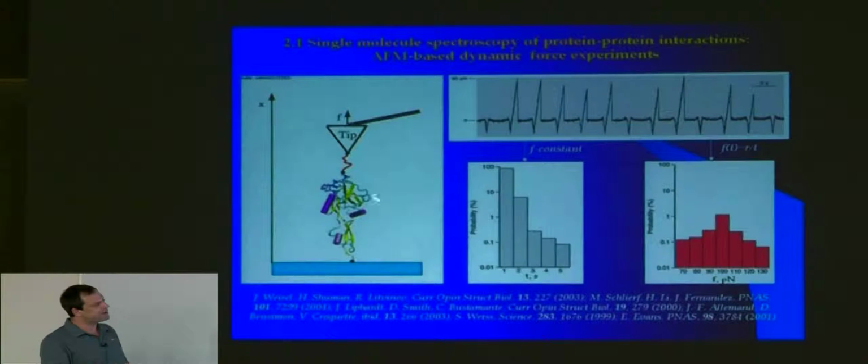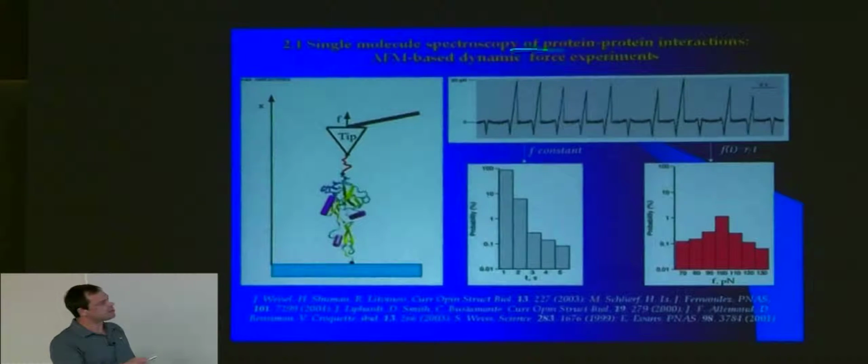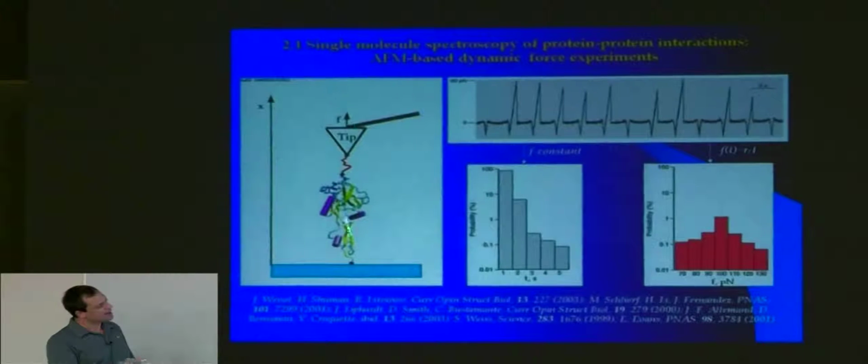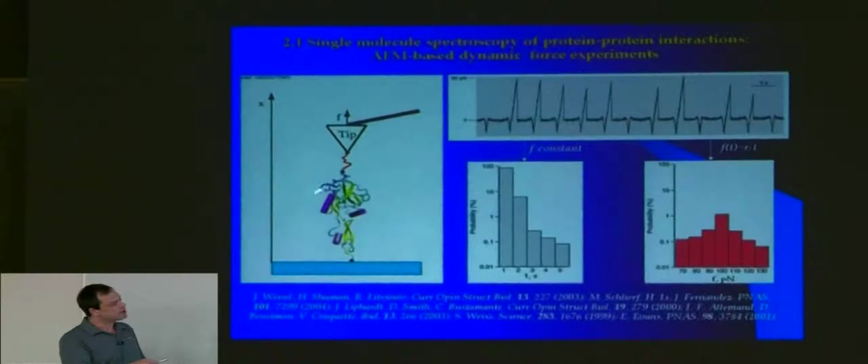And luckily, with the advent of single molecule spectroscopy, which allows, for instance, this is a typical setup for AFM-based dynamic force measurement, okay? This particular experimental setup allows us to probe the strength of protein-protein interaction at the single molecule pair level. So there are just two molecules here. One is a receptor.